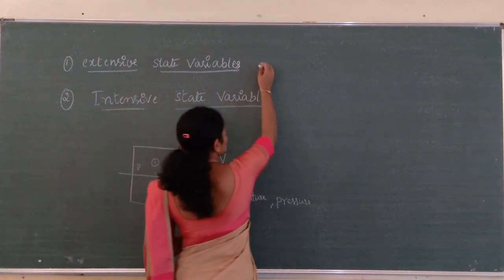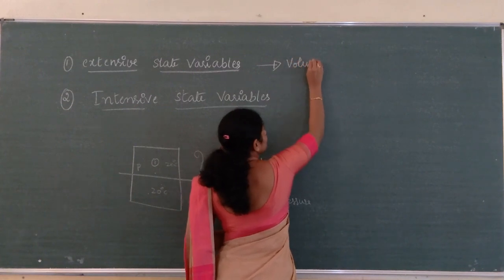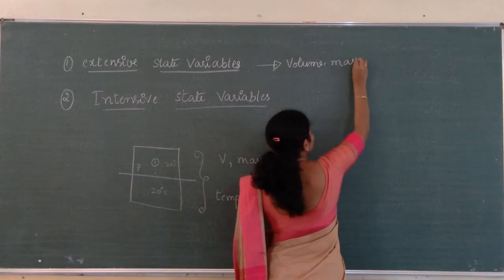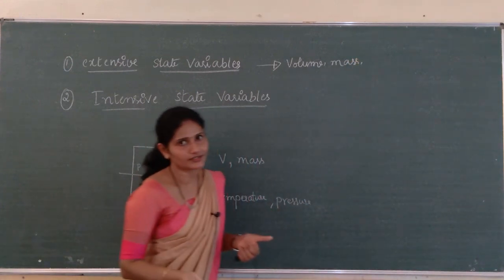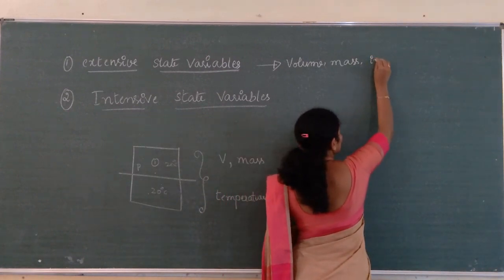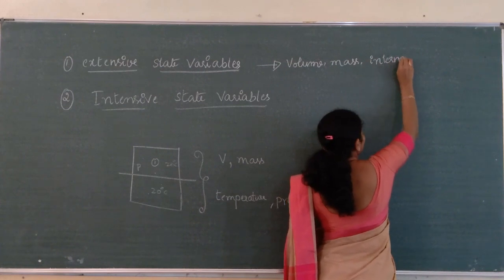So, extensive state variables are volume and mass. As the mass changes, internal energy also changes. Therefore, internal energy is also an extensive state variable.